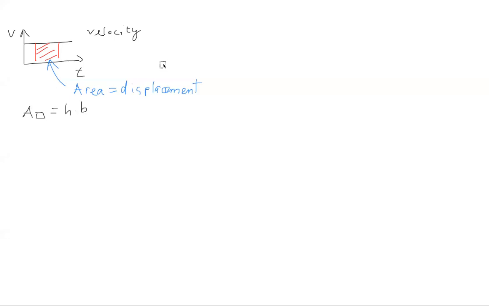We don't care which one is height and which one is base, but we need to clarify one thing. Let's call the base the bottom, right? To find that, we will need to find the difference between T final and T initial. So this will be V, which is right here, times T final minus T initial.